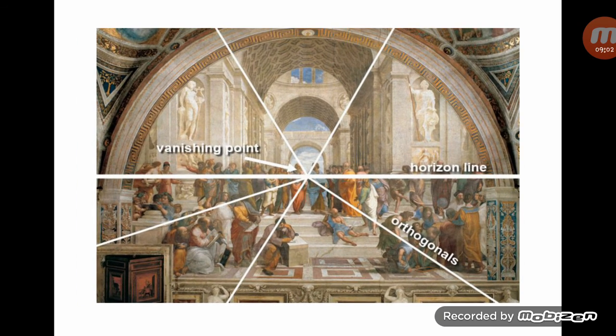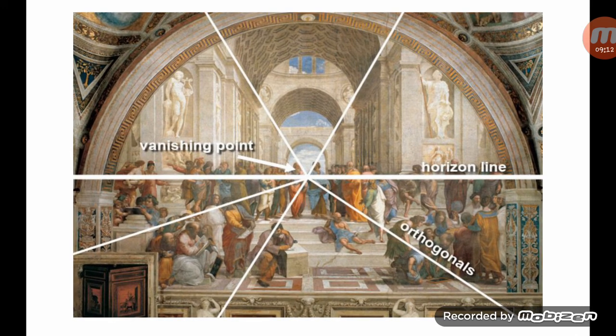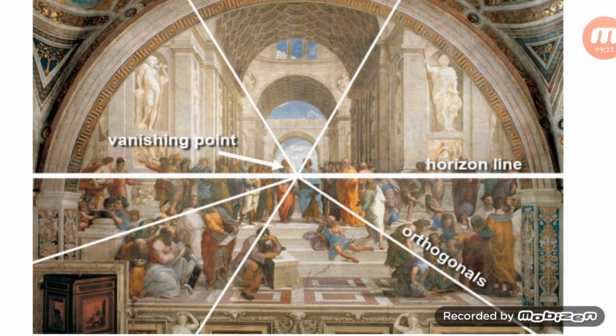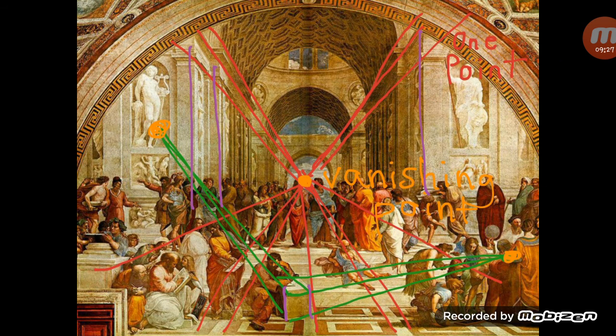You can see the one point perspective in this picture: the horizon line, vanishing point, and orthogonal lines.